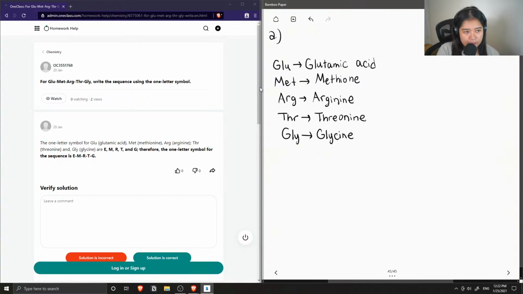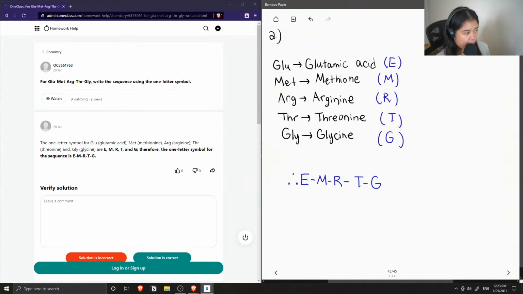So in the case of glutamic acid, its one-letter symbol is E. Methionine's is pretty easy, it's just M. Arginine's is an R. Threonine's is a T. And glycine is G. And now we can write out the sequence of these one-letter symbols. So it's going to be E, M, R, T, G.